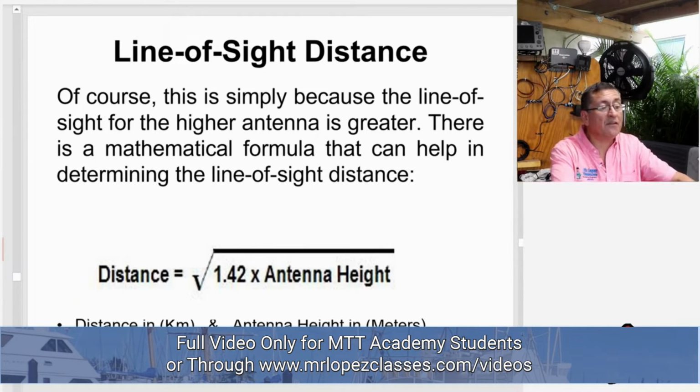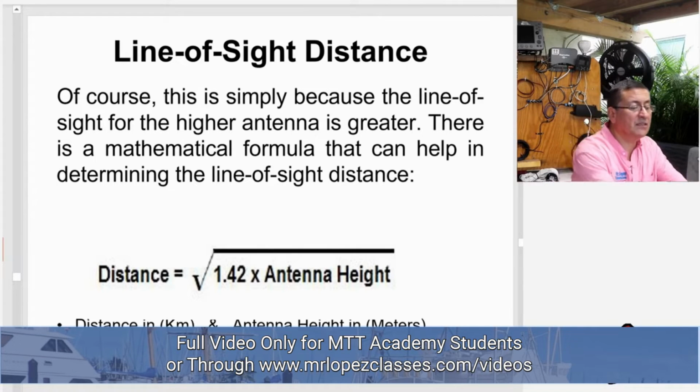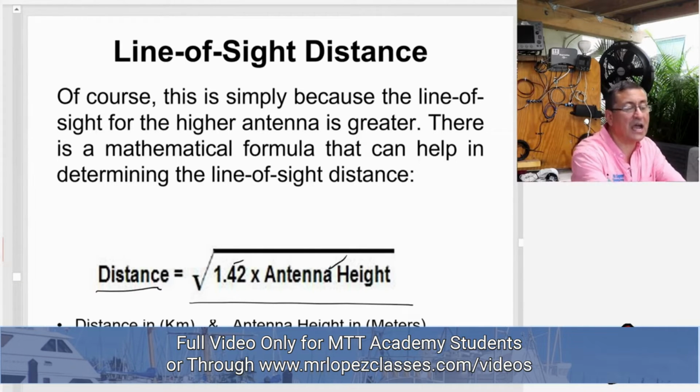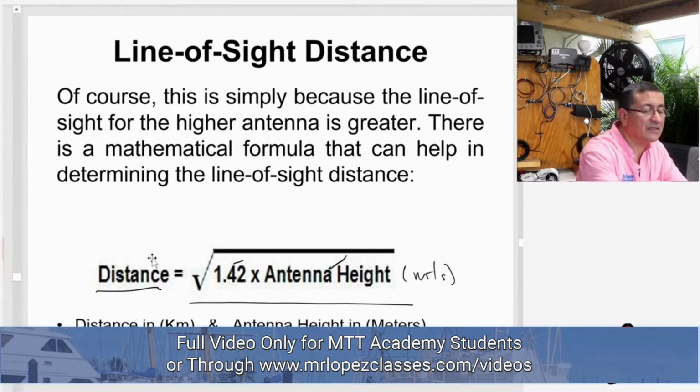There is a mathematical formula that can be used in order to calculate the line of sight distance. The distance is equal to the square root of 1.42 times the antenna height in meters. This unit is in meters, okay, and that distance is in kilometers.